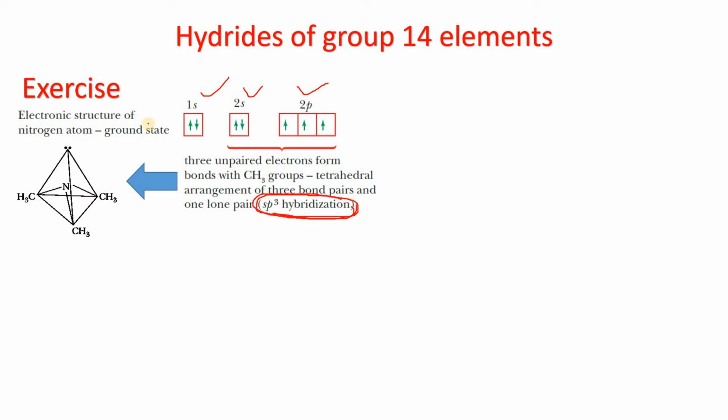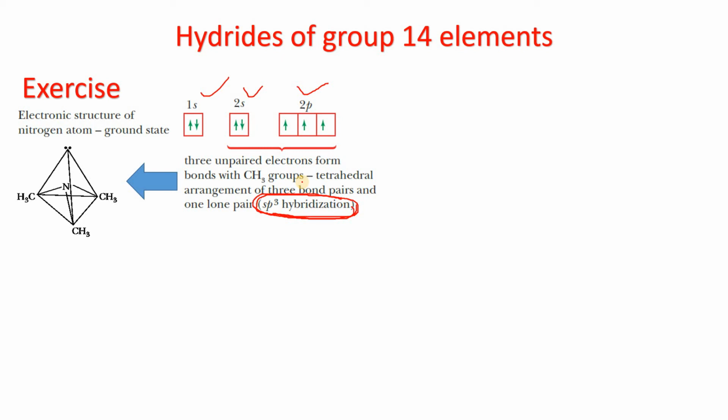One 2s orbital and three 2p orbitals combine to form 4 sp3 hybridized orbitals. Out of the 4 hybridized orbitals, 3 are singly occupied and 1 hybrid orbital has a pair of electrons, a lone pair. This is the case in trimethylamine.